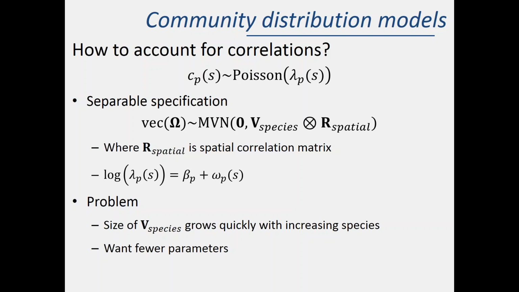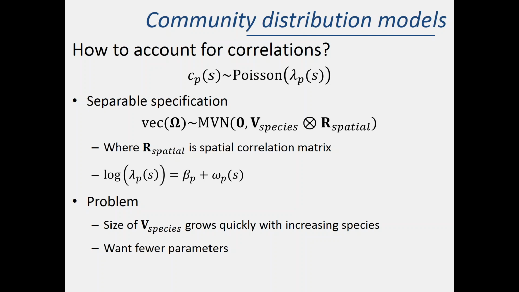If you take the vec operator of that omega, transforming the matrix into a 1,000-length vector, then that vector is mean 0, so that it's not confounded with the beta_p, and it has a covariance equal to the Kronecker product of the covariance among species and the correlation among locations. This is the separable specification where we can use the Kronecker product.